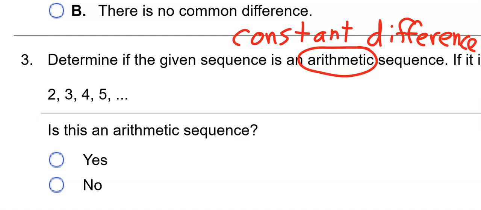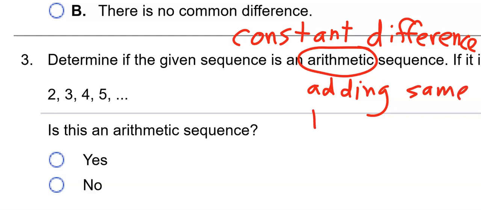Subtraction. Okay, that's what we're going to do to find it. But keep in mind that arithmetic means you are adding the same number every time. Adding the same number every time.